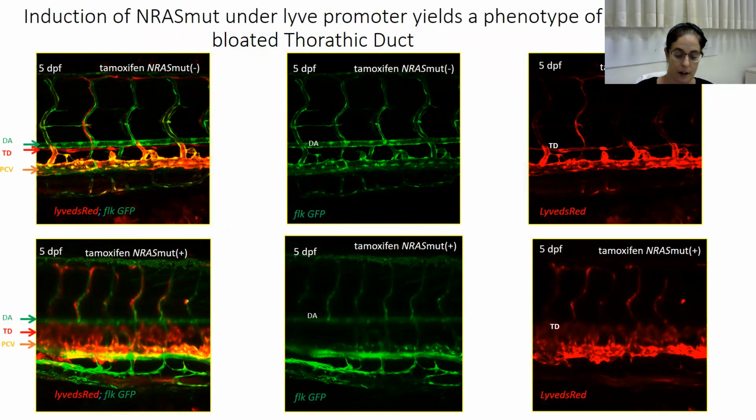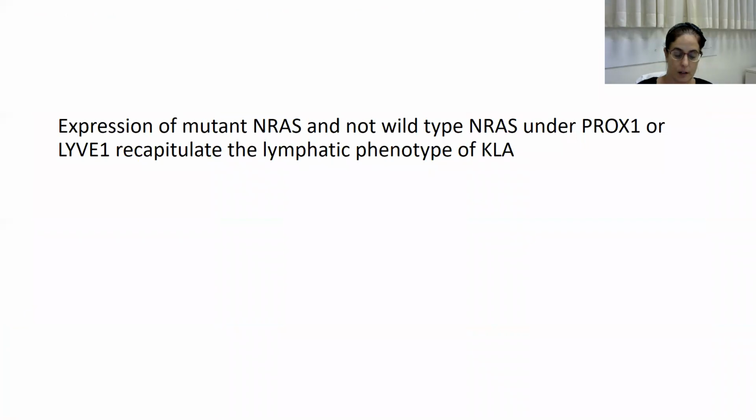The mutant larvae have significantly thicker and bloated thoracic duct. So to summarize this experiment, the expression of mutant NRAS and not wild-type NRAS under PROX1 or LYVE1 recapitulates the lymphatic phenotype of KLA.